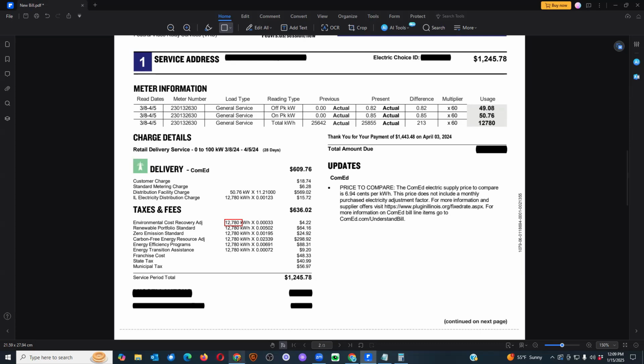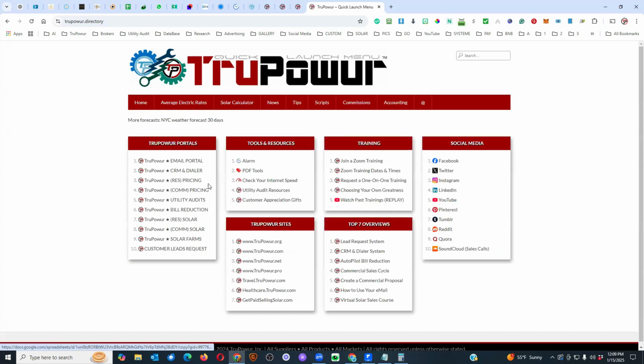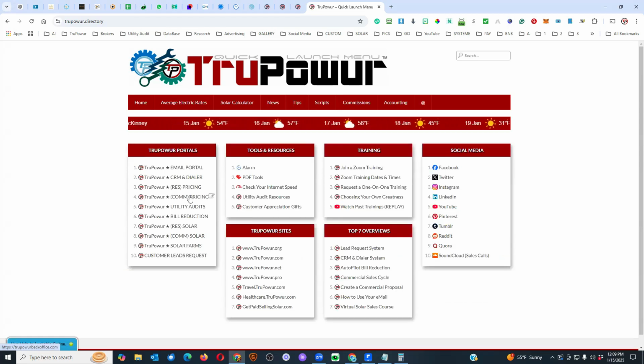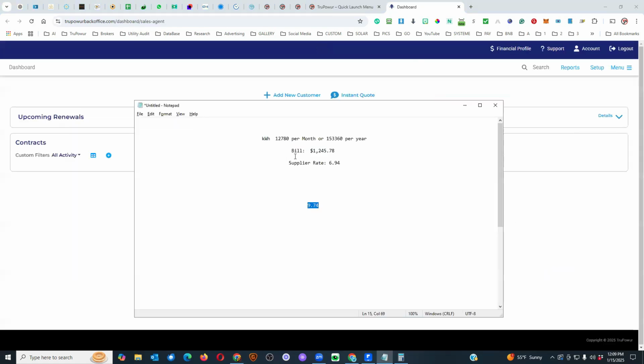So if we jump back over to our quick launch menu and go into the pricing platform, there's a couple things that I want to point out. So let's go into the pricing platform. First off, let's take the rate that the supplier is saying that they're charging.